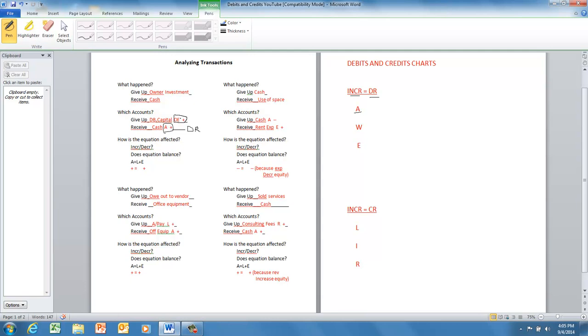So this, as we can see, is an owner investment. So I'm going to change that OE to an I for investment. And I have, therefore, an increase in investment. So I take a look on my debit and credit chart. Here is the investments. Do I have an increase? Yes, I do. And so I'm going to credit that.